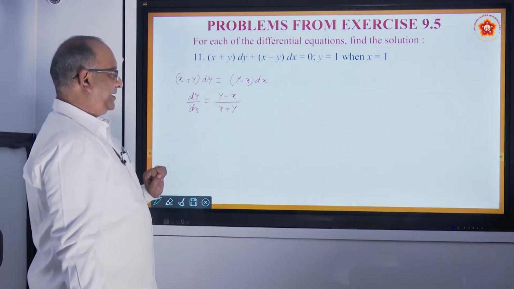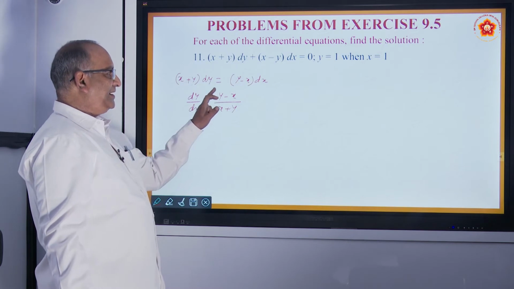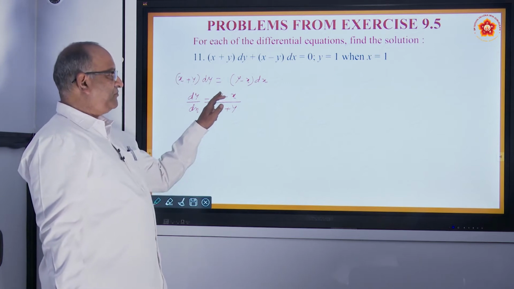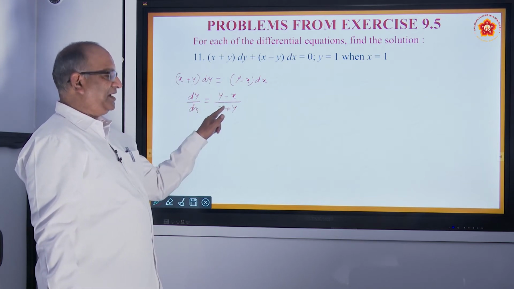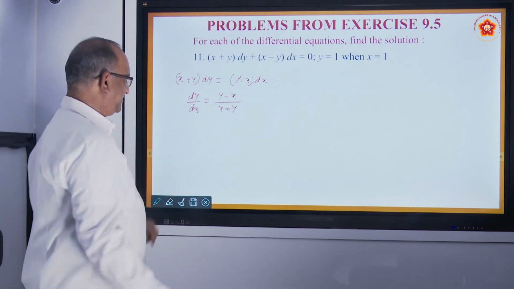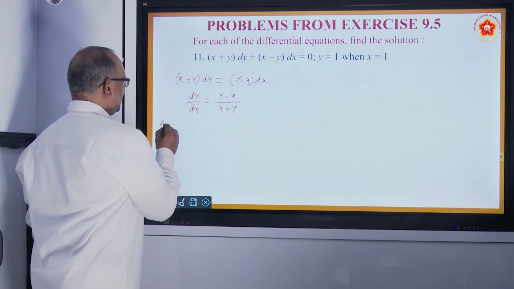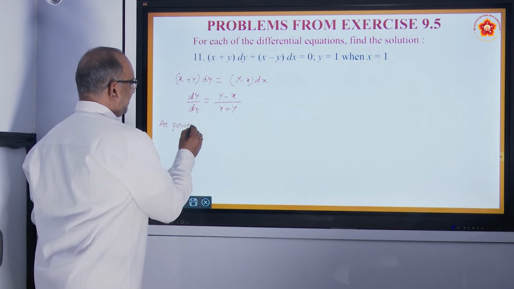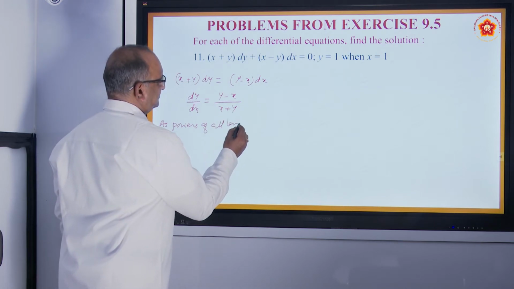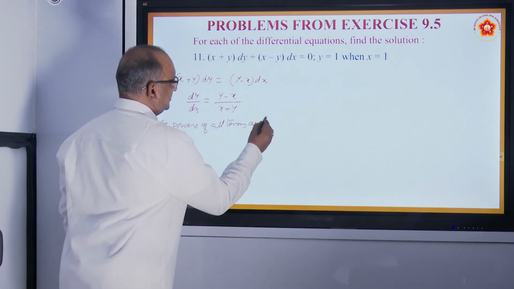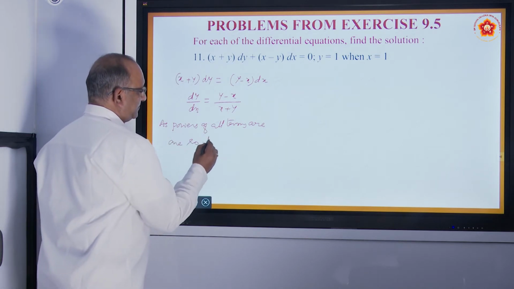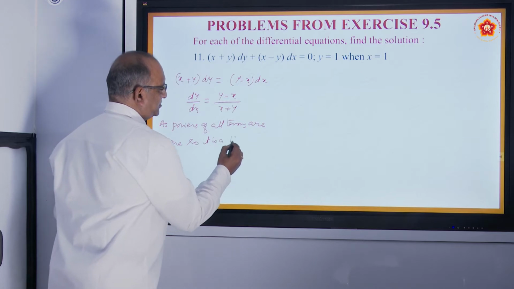So we got dy by dx, and we find that each term has the power 1, linear. The power of y is 1, the power of x is 1, similarly in the denominator. So we conclude that it is a homogeneous differential equation as the powers of all terms are 1.